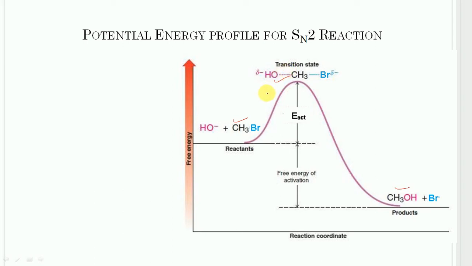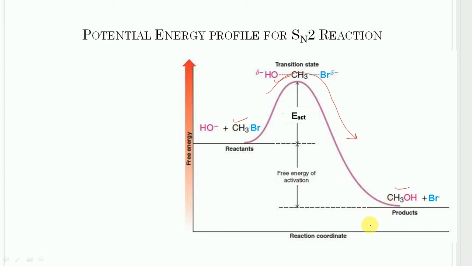Finally, as the transition state passes over to the product, the rehybridization of carbon atom from sp2 to sp3 occurs, and the groups or atoms attached to it change their relative positions.